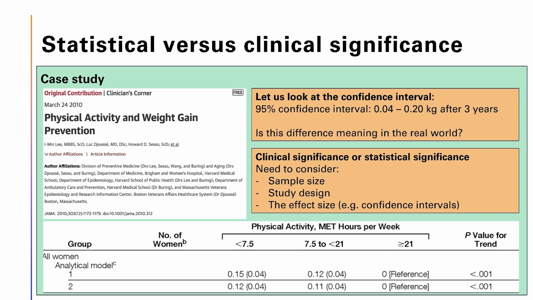As previously described, a large sample size, such as in this study, involving more than 30,000 patients, can cause even a small effect size to be statistically significant. However, we should always keep in mind that there are other factors at play in medical research so that we know how to interpret them.